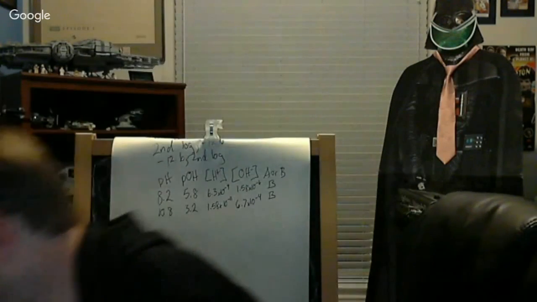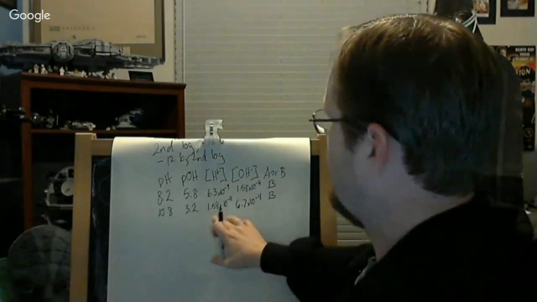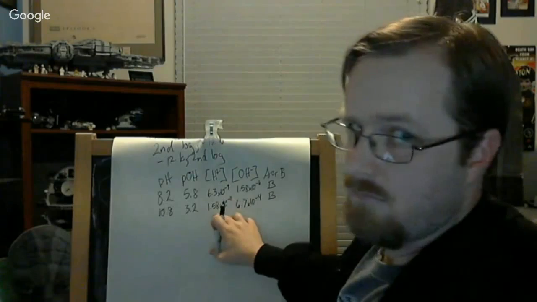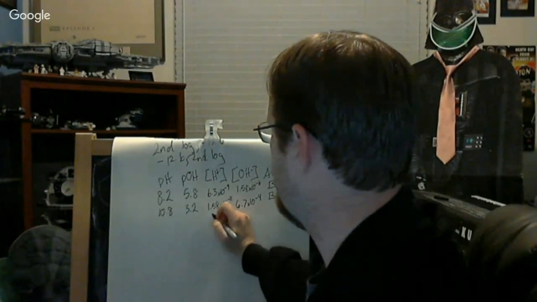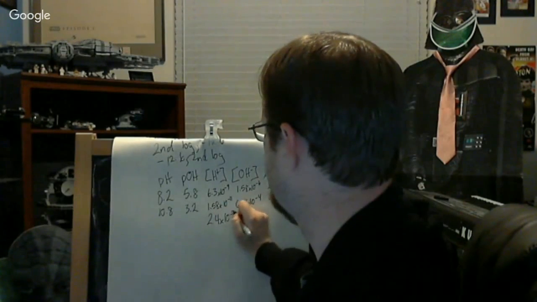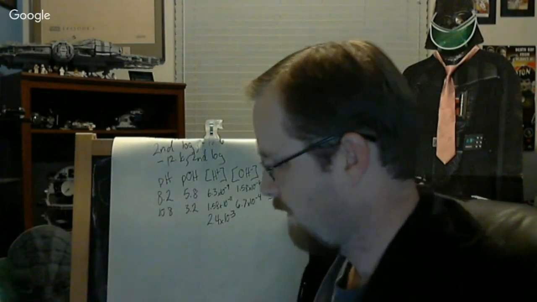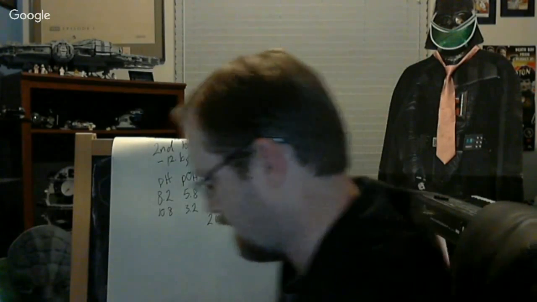So here we go. This time I'm going to give you the hydrogen concentration here. And let's say that you have a 2.4 times 10 to the negative third power over here. Okay. Oh my goodness.